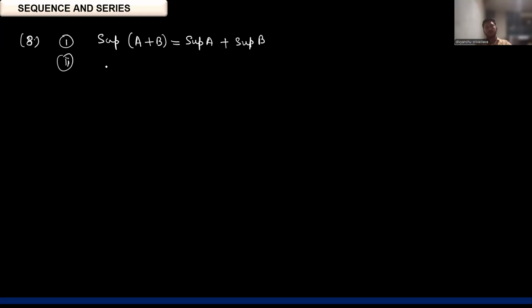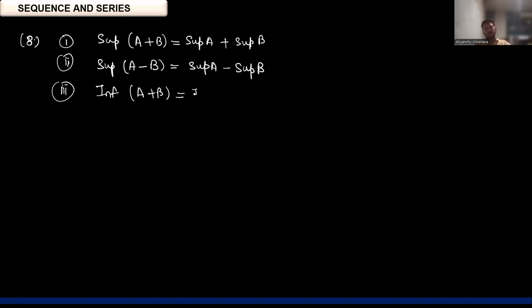That is one of the most important parts. The points are these. First, supremum of A plus B is equal to supremum of A plus supremum of B. Second, supremum of A minus B is equal to supremum of A minus supremum of B. Third, infimum of A plus B is equal to infimum of A plus infimum of B. Am I audible now?